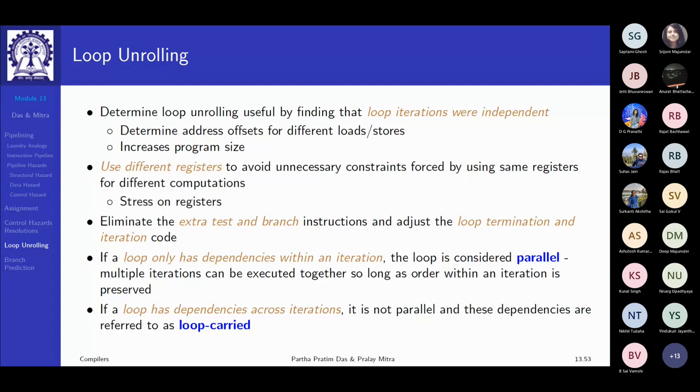So that gives you more flexibility to move around code. The other is a loop may have dependencies across iterations, that what you compute in one iteration, you use in the subsequent iteration. Then it is not parallel. And these dependencies are called loop carried. And we will see how unrolling could be used to remove loop carried dependencies and create loops which are purely parallel. Okay? So these are the basic points.